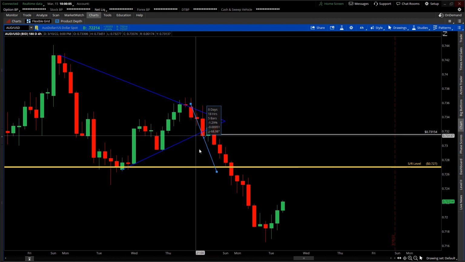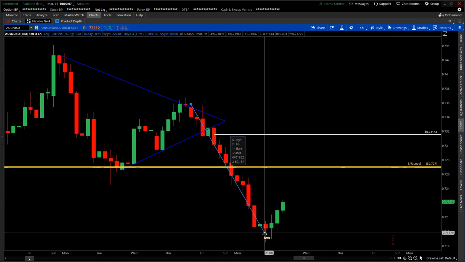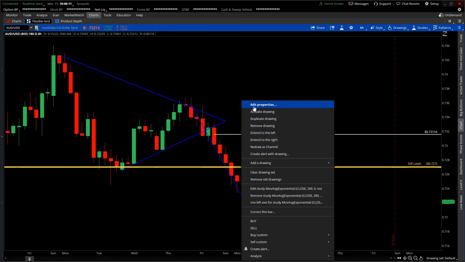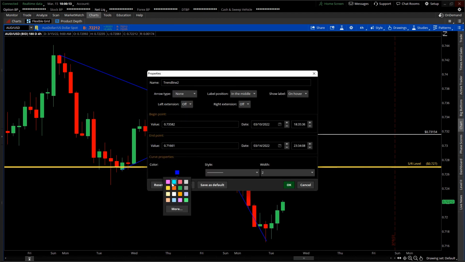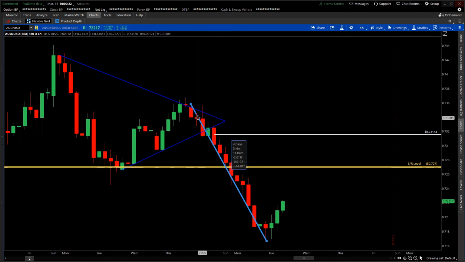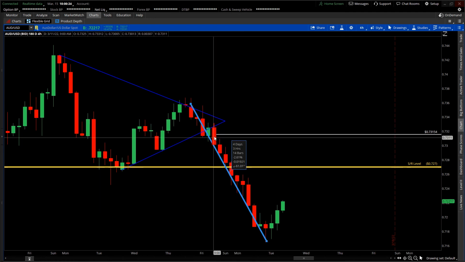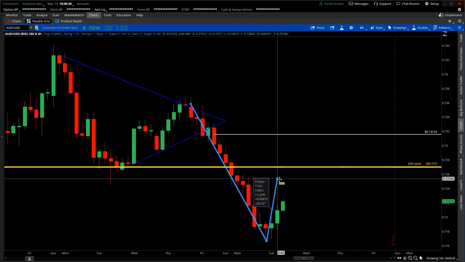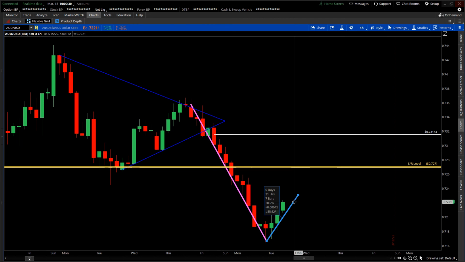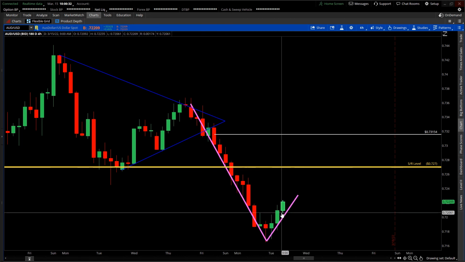So what I'm suspecting or speculating this to be is something like this. So this is the first leg, right? And there could be this consolidation phase right here.